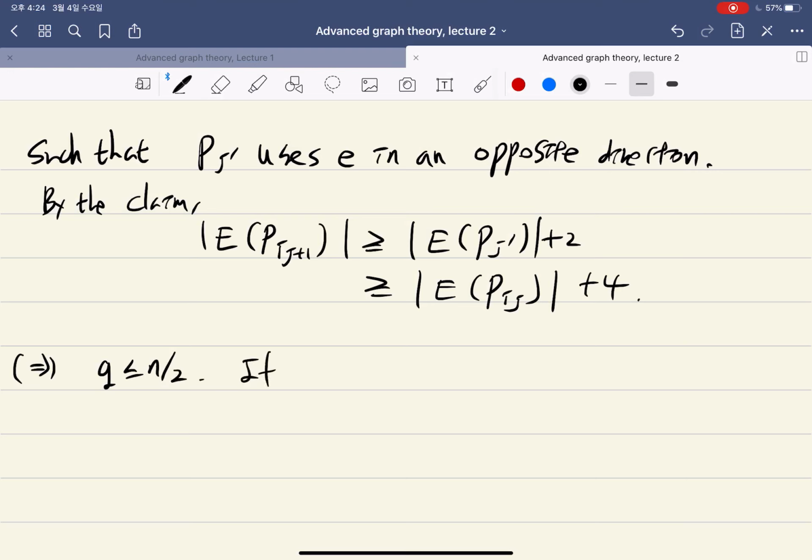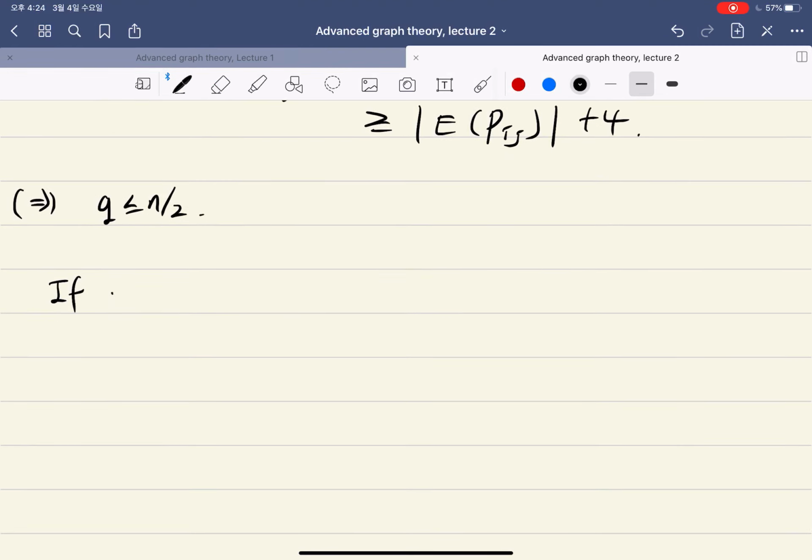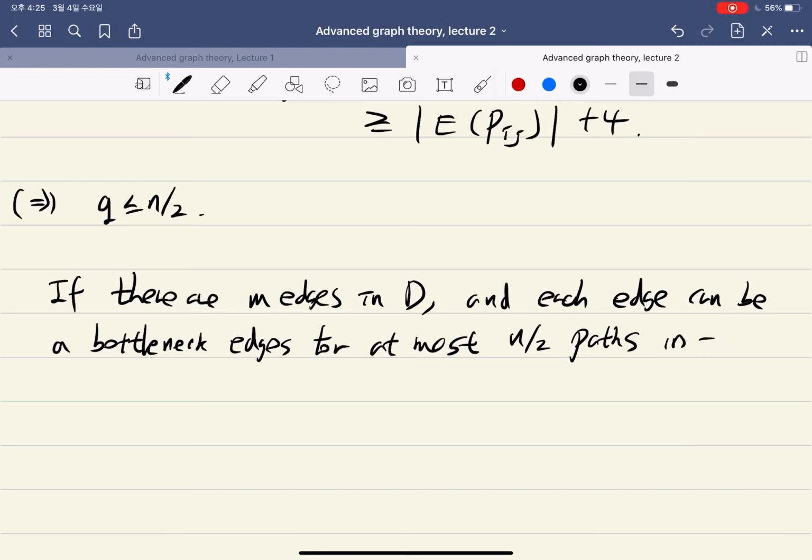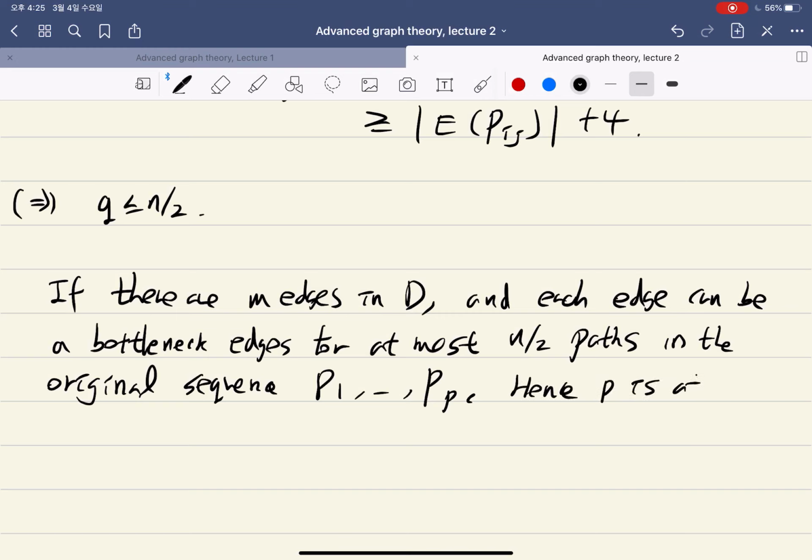So if there are m edges in D, and each edge can be a bottleneck edge for at most n over 2 paths in the original sequence P1 to Pp, hence p is at most mn over 2.